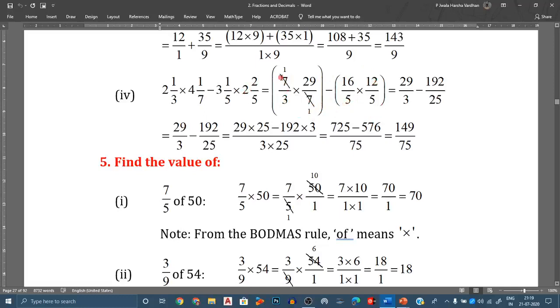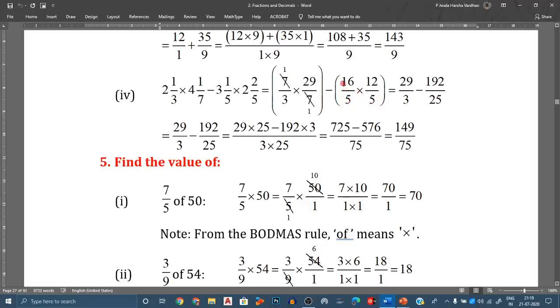So now you can cancel here 7 7. There is no common factor for 29 and 3 here. Here also there is no common factor for 16 and 5 and 12 and 5. And one more thing, you should not cancel the numerator with numerator and denominator with denominator. You should cancel the denominator with the numerator in the cancellation method.